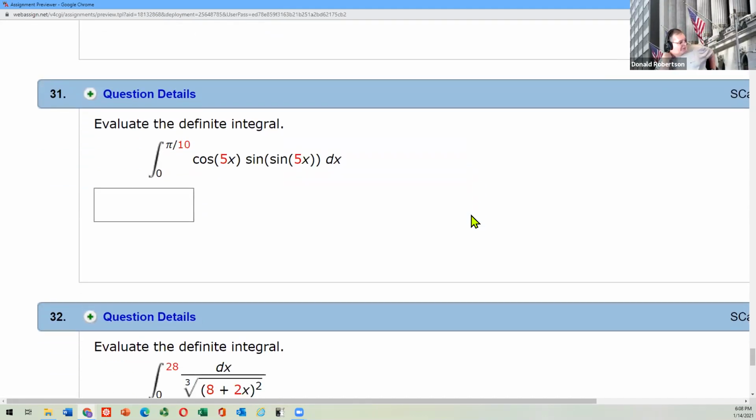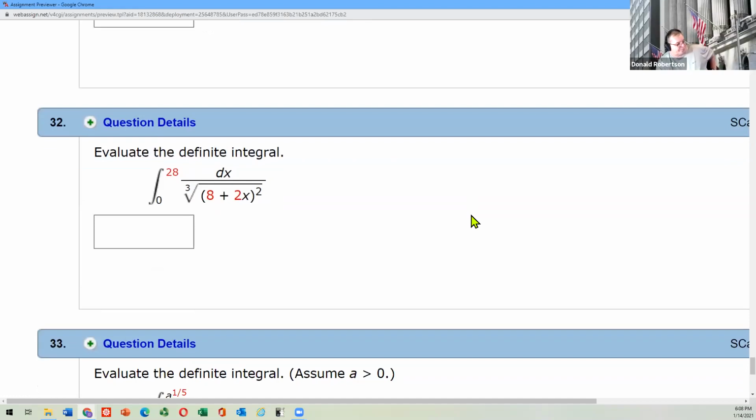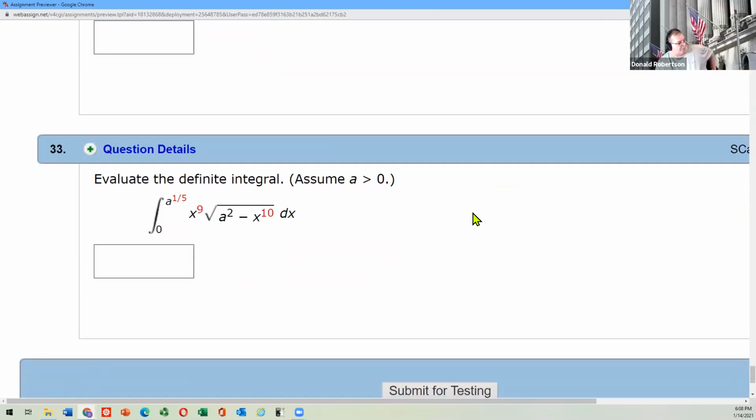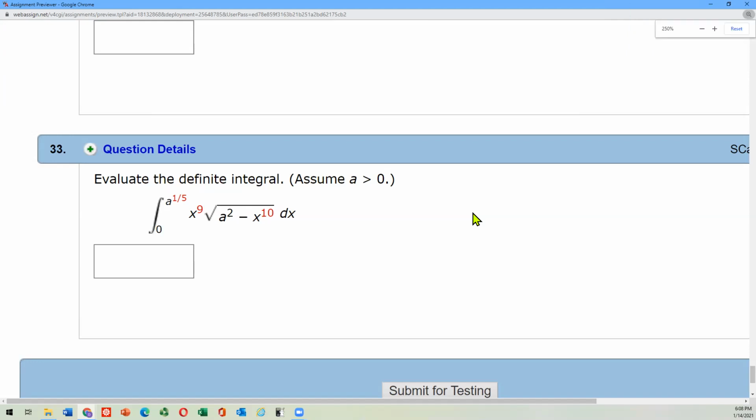Oh, a nice sneaky one. 31. Sine 5x. Yeah. 32. That's a puzzle, isn't it? Will that just be 8 plus 2x? Correct. And the last one, 33. A squared minus x to the 10.